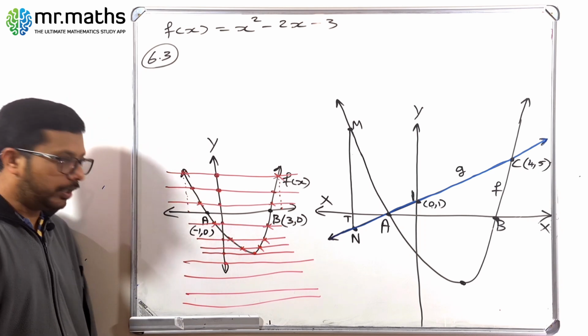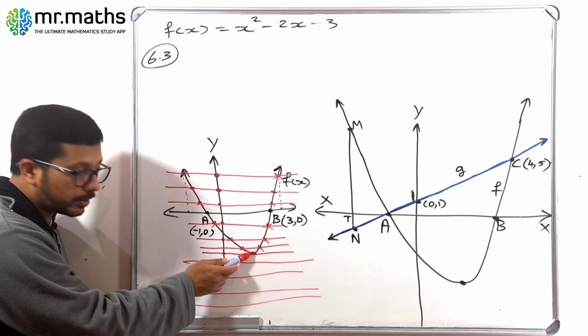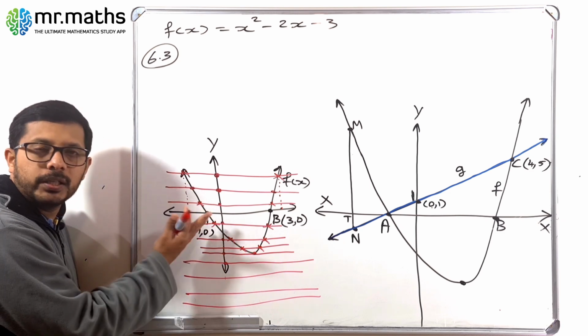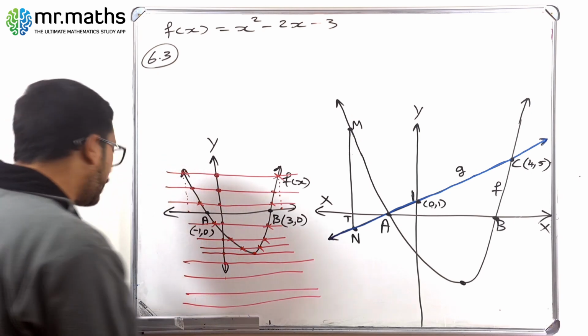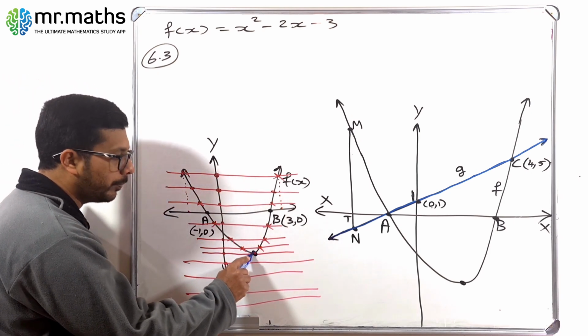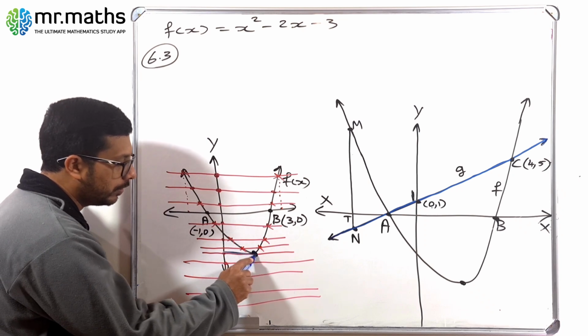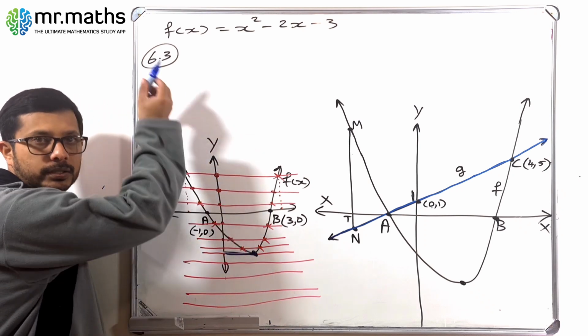Do you understand? If I take any y value below this turning point, I can't find any point on the graph. It means that the possible y value for this graph is the minimum one at that turning point or above that turning point.